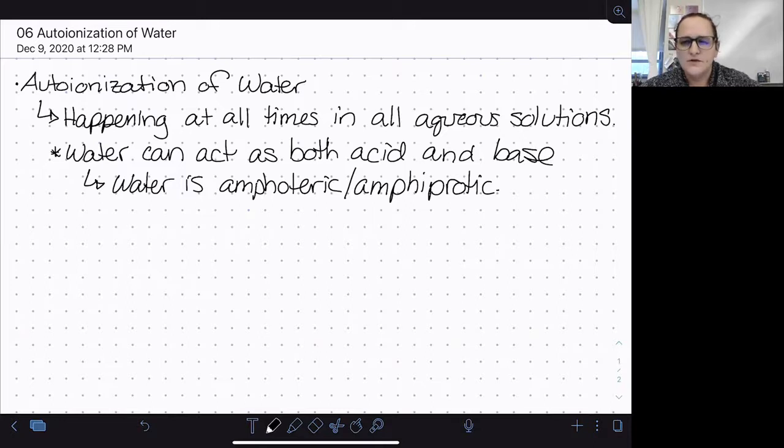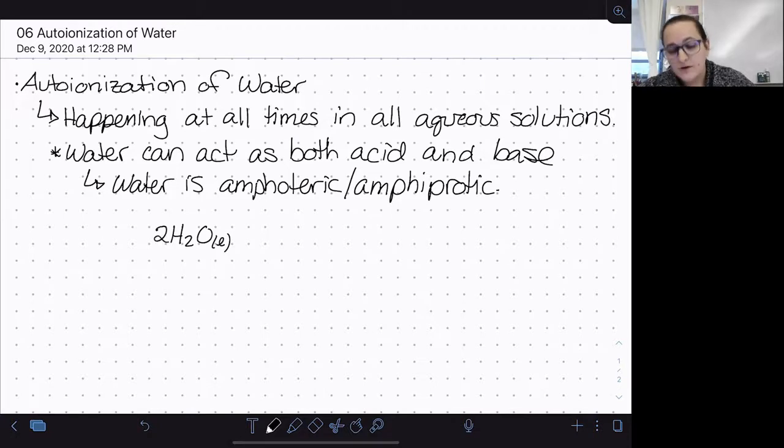In some situations, they're slightly different, but for us, they mean the same thing. So amphoteric or amphiprotic. Amphoteric is the more commonly used term. So water can act as both an acid and a base. And in the autoionization reaction, it is doing just that. It is being both at once with itself.